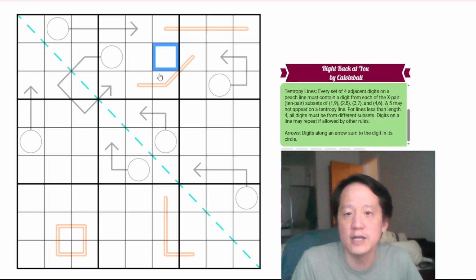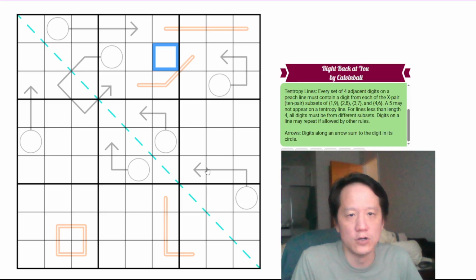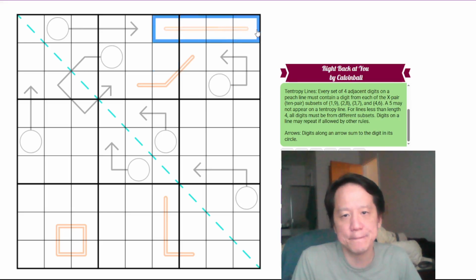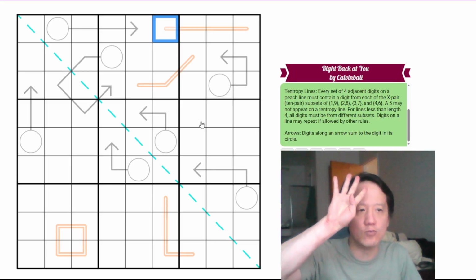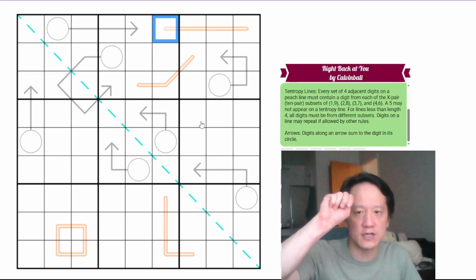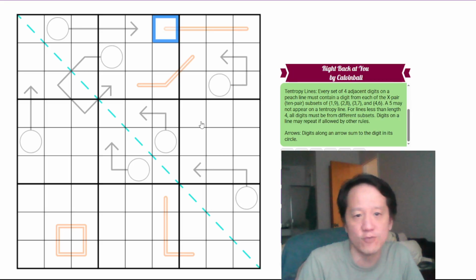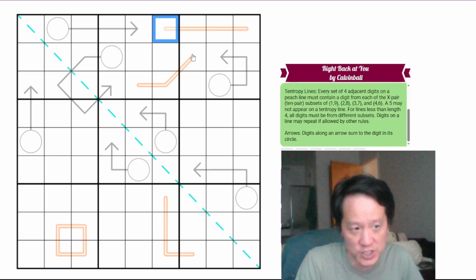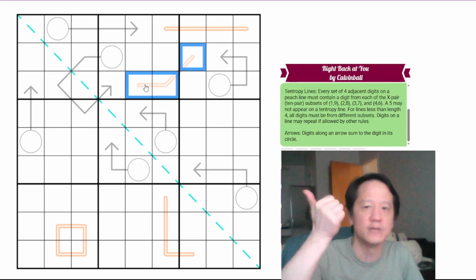Digits on a line may repeat if allowed by other rules. So, on a tentropy line, for every set of 4 adjacent digits, you have to have one from each set of 1, 9, 2, 8, 3, 7, and 4, 6. If there's less than 4 digits on the line, which is this one, for example, they have to be different subsets.